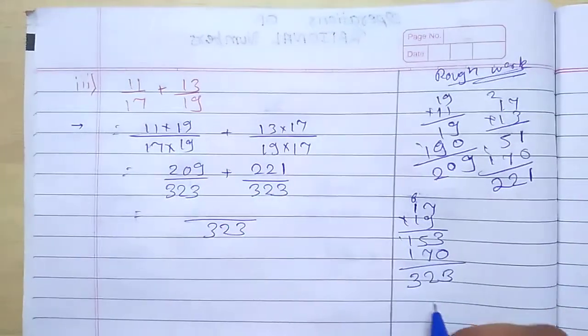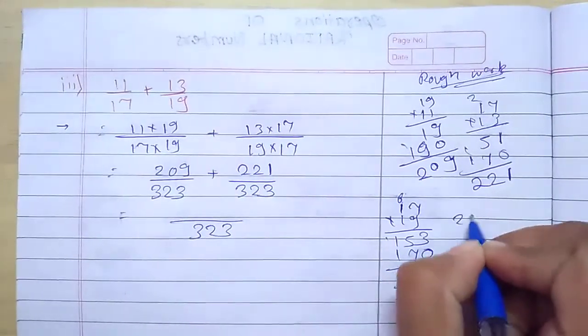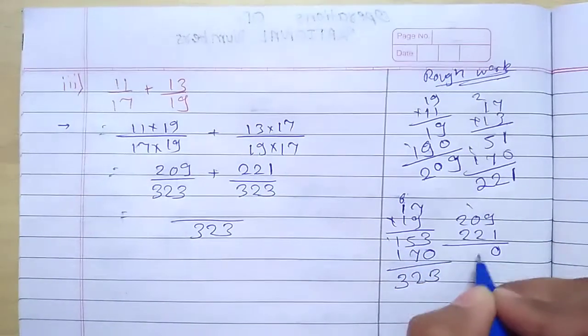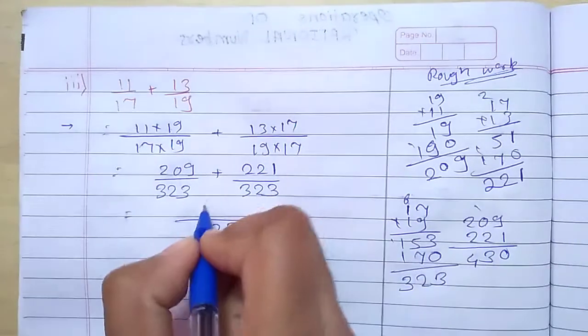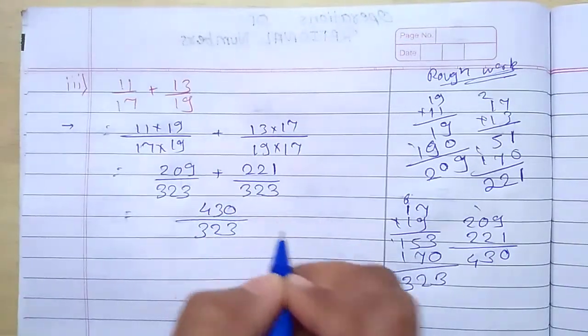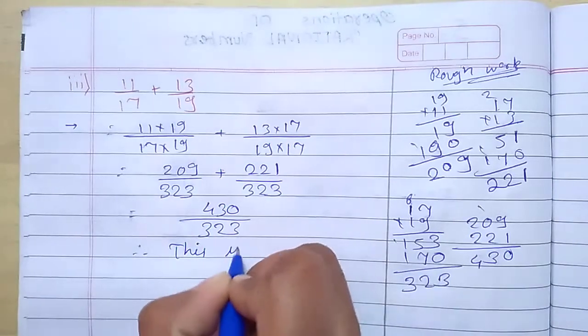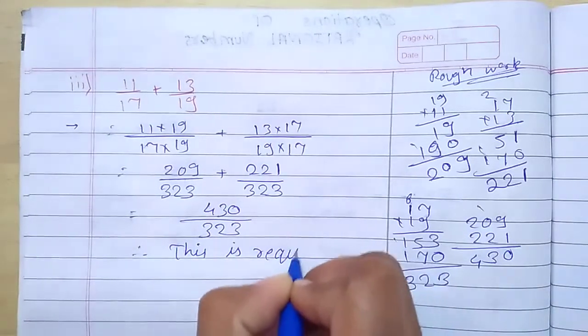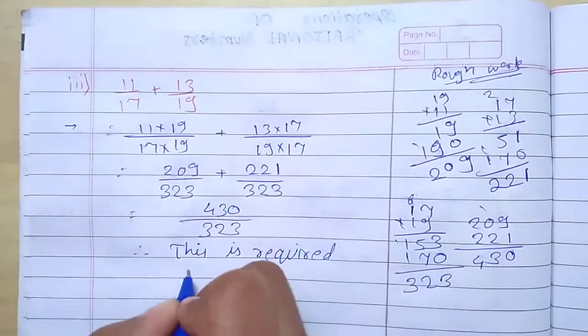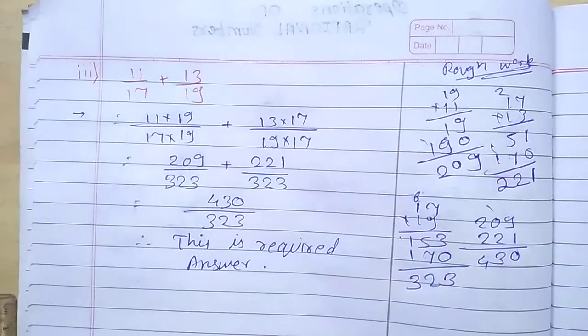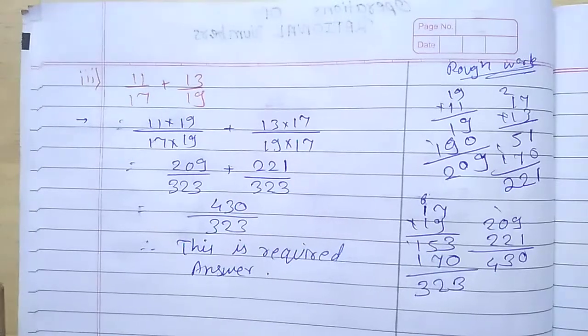Now add both numerators: 209 plus 221 is 430. It is the answer, so this is the required answer.